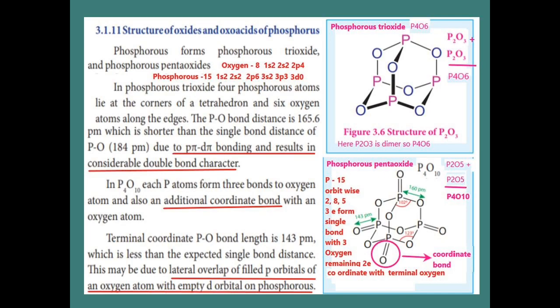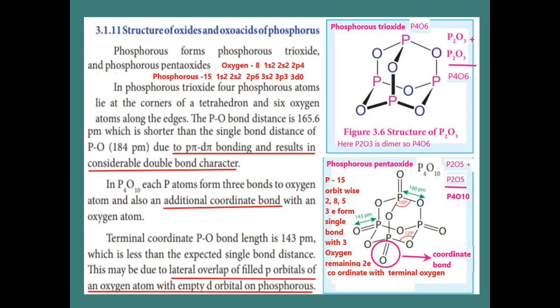In this structure there is P4 and 6 oxygen are present. Oxygen has atomic number 8, so the electronic configuration is 1s2 2s2 2p4. There is no d orbital in oxygen, but phosphorus has atomic number 15, so the electronic configuration is 1s2, 2s2, 2p6, 3s2, 3p3 and 3d0.